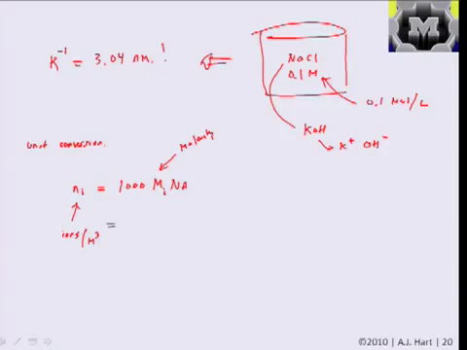So basically the number of ions per cubic meter is just a conversion between liters and cubic meters. That's 1,000 times the number of moles per liter in your solution times the number of ions per mole, which is always the same, 6 times 10 to the 23rd.